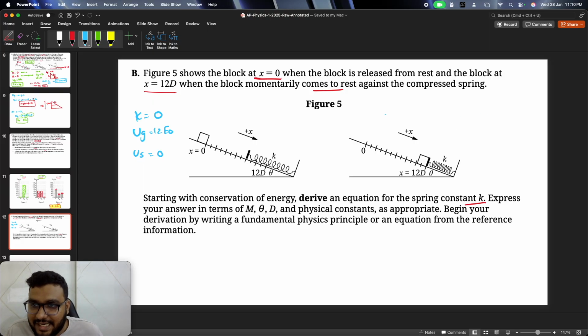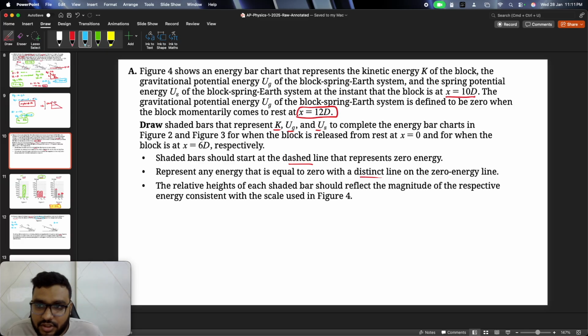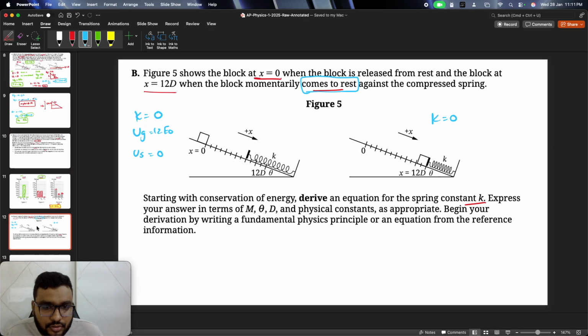At this point, as it says that it momentarily comes to rest again, the kinetic energy becomes 0. Also, in the previous question we know that Ug is considered to be 0 at x equals 12d. So here again one more thing is 0, that is Ug. So I can say that gravitational potential energy is also 0.